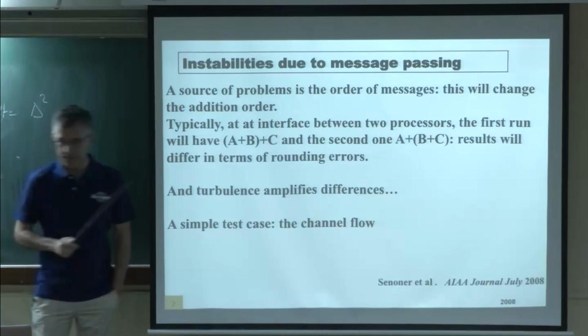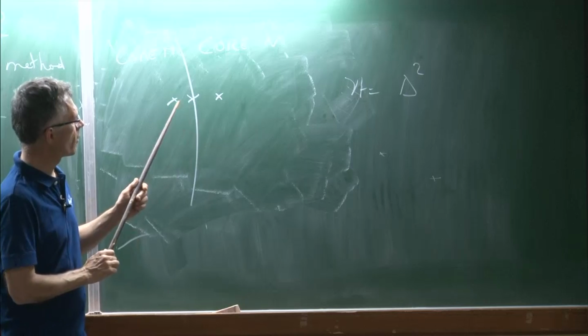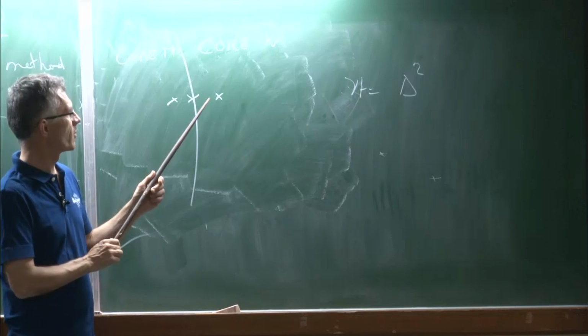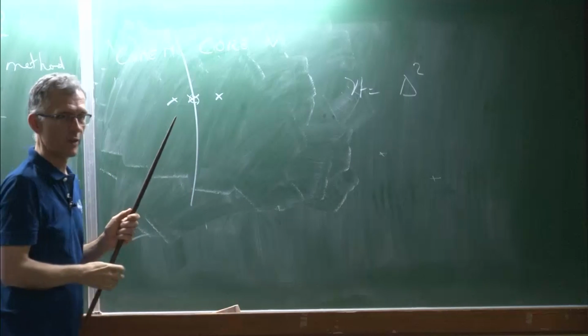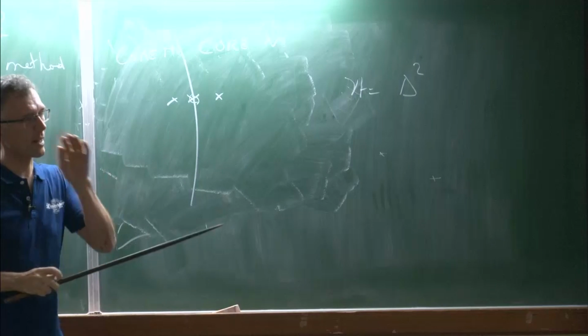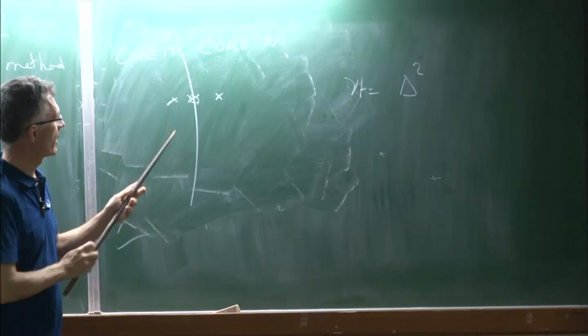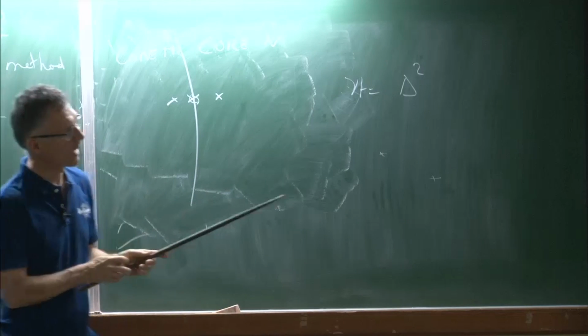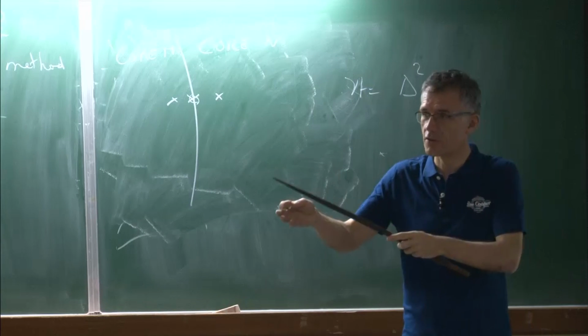Now, in message passing, on most machines like this, you do not control the time at which the message will arrive. Because if you want to do the addition here, you call this processor and tell him, send me A, and then this guy, send me C, and then you add them. But maybe you will do A plus B, and then you will do C, because there were other users on this machine.